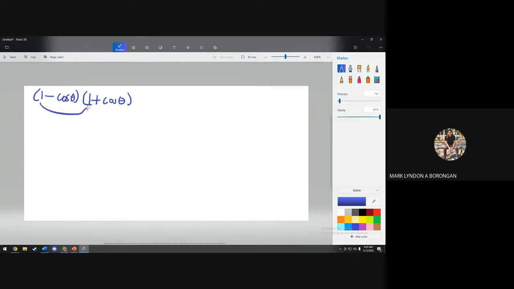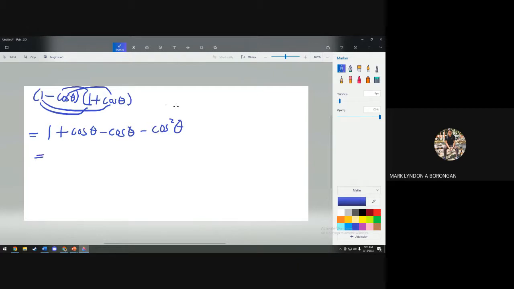Okay, pag multiply mo sa 1, full method ra gigamit ani guys ha. So na kay 1, kani 1 times cosine na kay cosine of theta. Kani negative cosine times 1, so na kay negative cosine of theta. And then negative cosine of theta times cosine of theta, okay, negative cosine squared of theta.